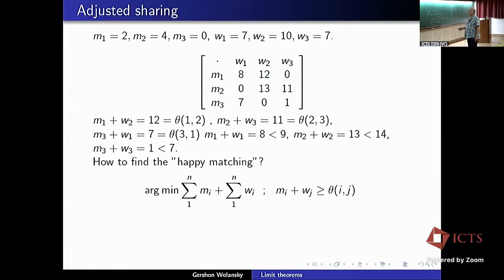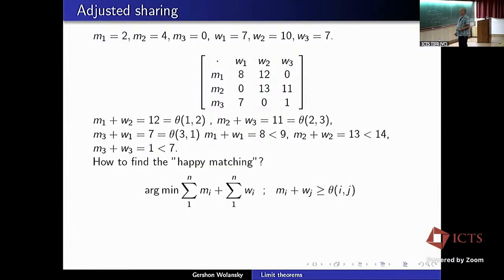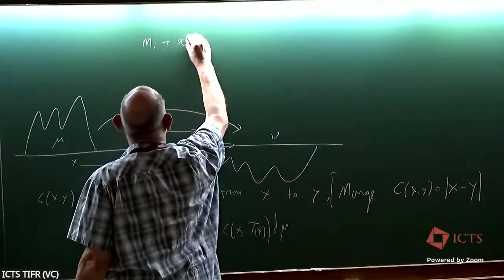And on this set, we minimize the sum of the rewards. Turns out that, I didn't write it down, but let me write it here. For any such assignment Mi plus Wj.